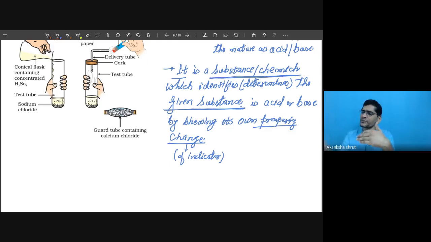The same property change is indicated by the indicator with acid, but a different kind of property change in base.